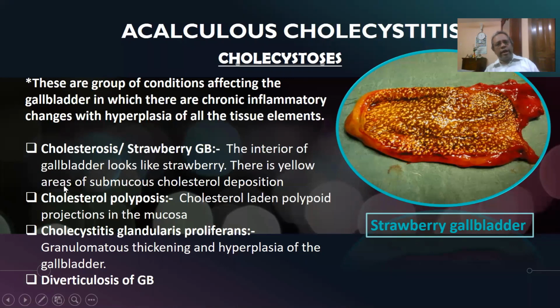There are yellowish areas of submucous cholesterol deposition. And cholesterol polyposis, that means cholesterol-laden polypoid projections in the mucosa. And cholecystitis glandularis proliferans, that means granulomatous thickening and hyperplasia of the gallbladder wall. And another one is diverticulosis of the gallbladder. These are all called cholecystosis.